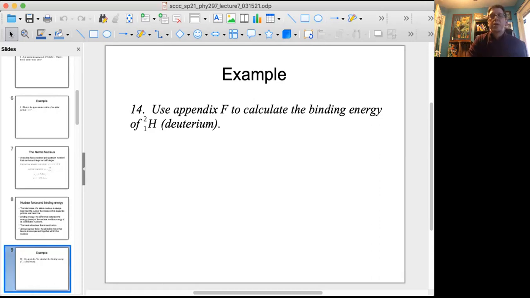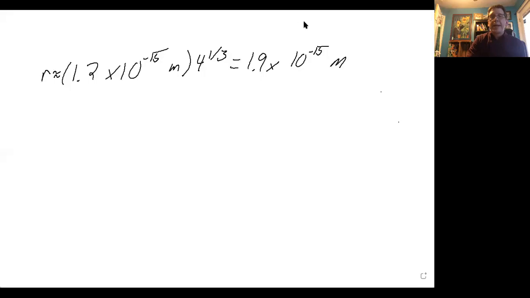So let's go back to the whiteboard. So the binding energy, and this is for deuterium, is equal to the energy of a proton plus the energy of a neutron minus the energy of deuterium.